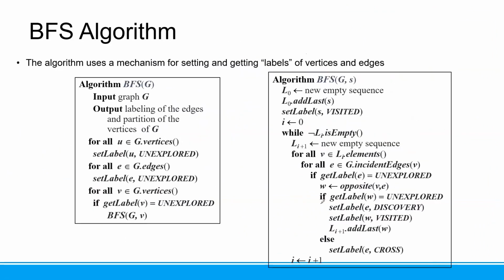We need to check the label of w. What is w? w is the opposite of B. If w is unexplored, then we set the edge as discovery. But now the node C is already visited, so we go to the else branch and set the label as cross edge.